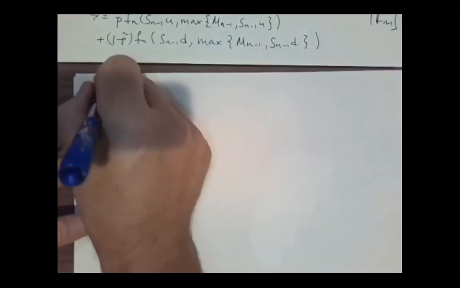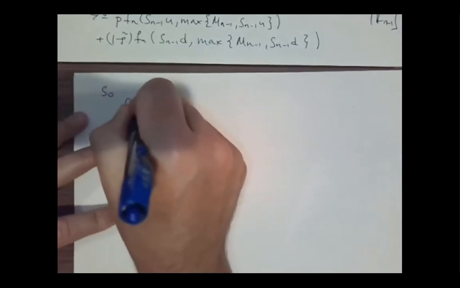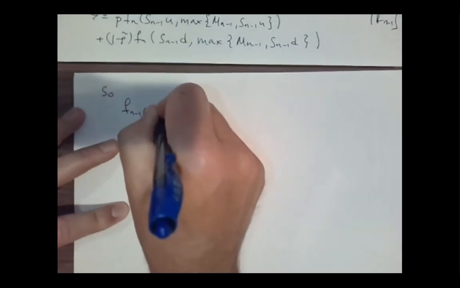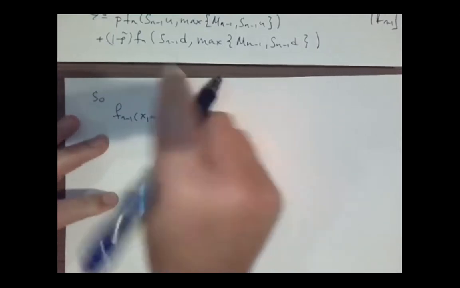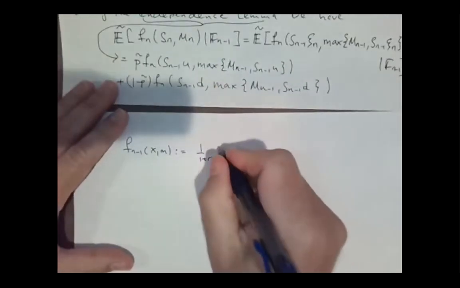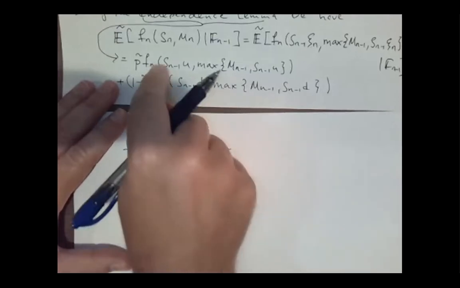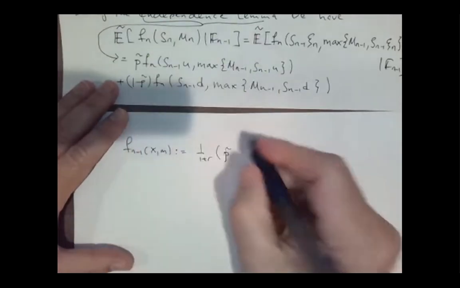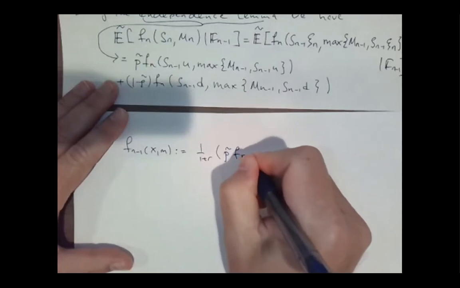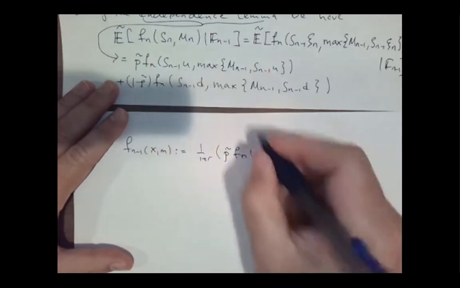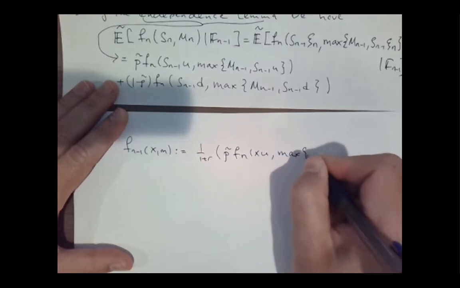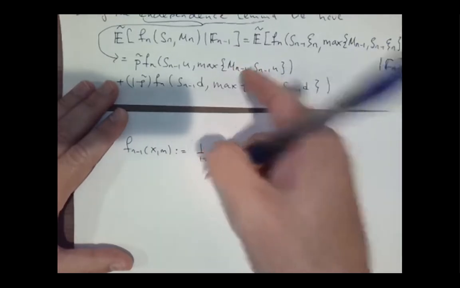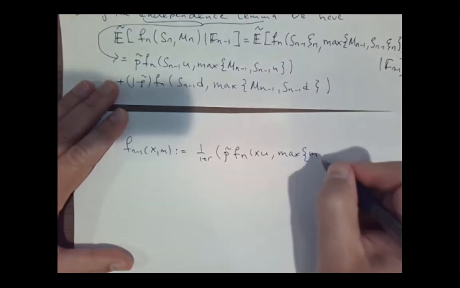So I'll get Fn minus 1 of x, m, which is 1 over 1 plus r, and then we replace Sn minus 1 with an x, and replace Mn minus 1 with a dummy m.